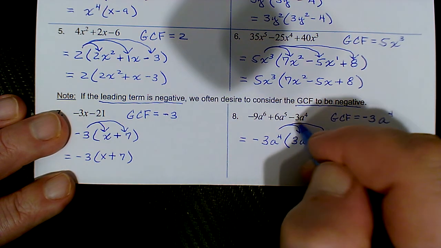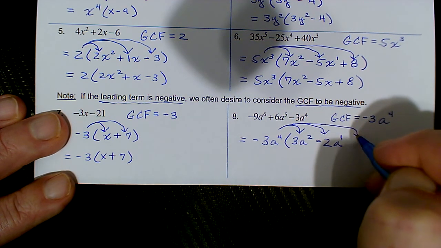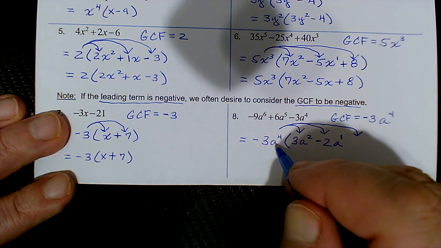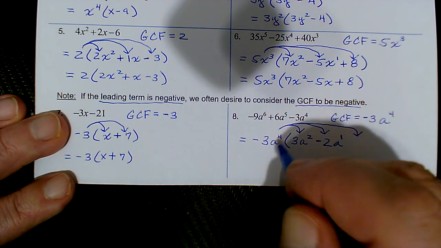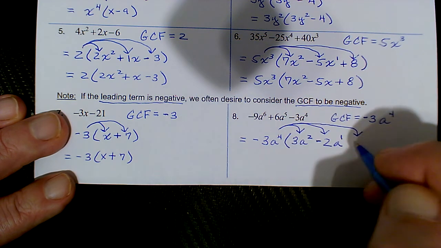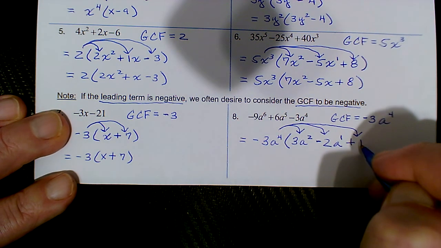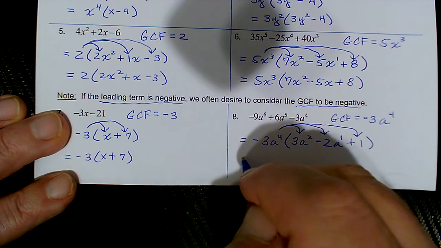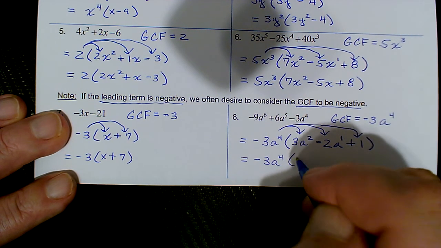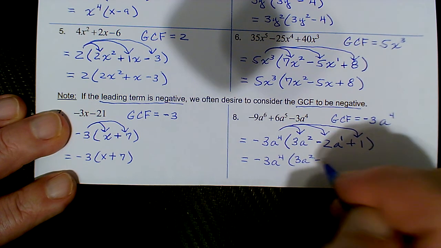And then to generate the last term, if we factor out a negative 3a to the 4th, we're asking negative 3a to the 4th times what gives negative 3a to the 4th, and that would just simply be plus 1. So negative 3a to the 4th, and then 3a squared minus 2a plus 1.